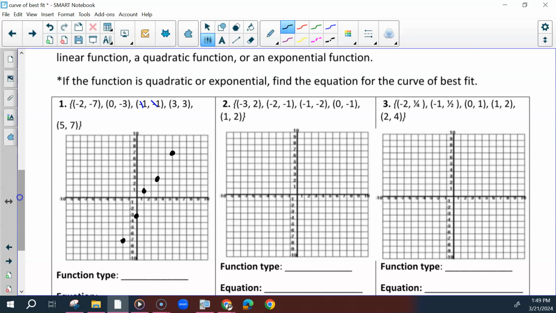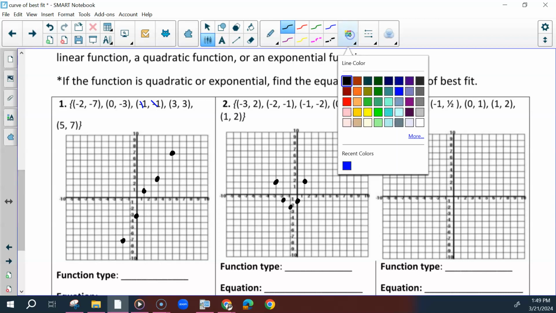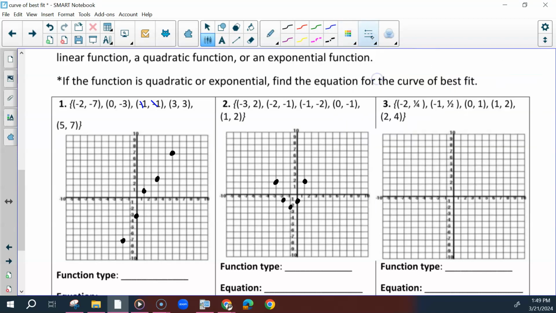In number 2, we have -3, 2, -2, -1, -1, -2, 0, -1, 1, 2. And then in number 3, we have -2, 1/4, -1, 1/2, 0, 1, 1, 2, and 2, 4.